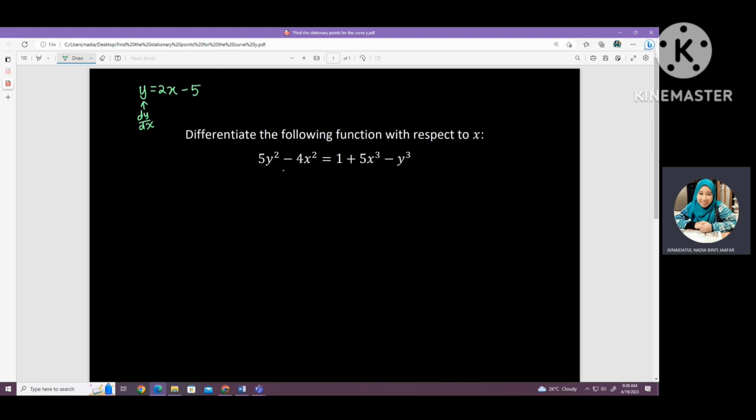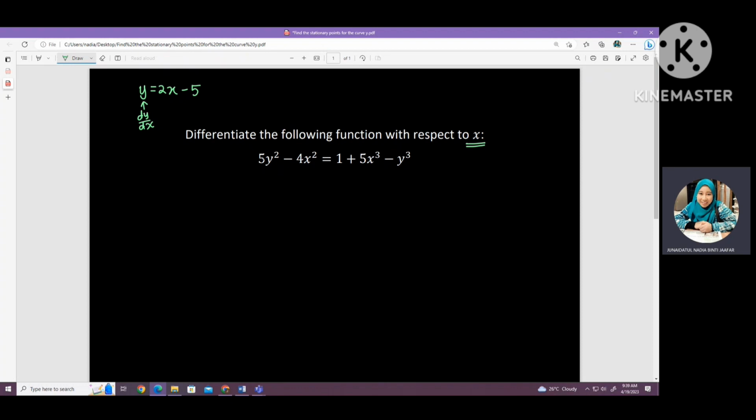Look at this question: 5y squared minus 4x squared equals 1 plus 5x cubed minus y cubed. To find the derivative of this function with respect to x, we must differentiate both sides with respect to x.